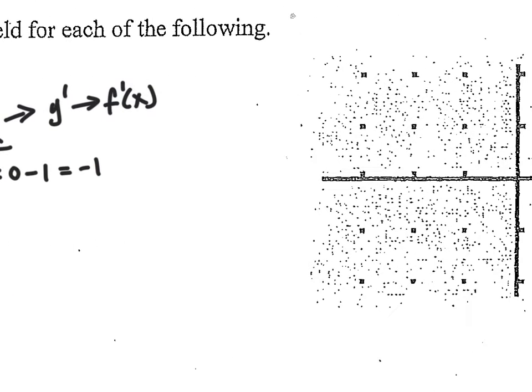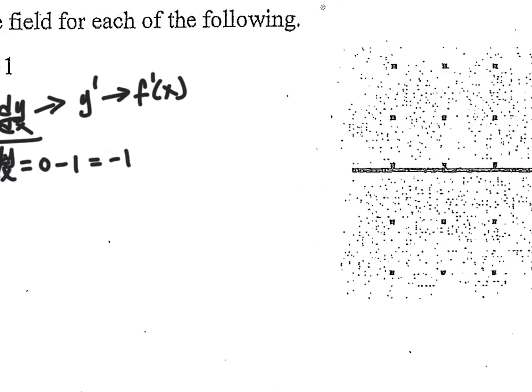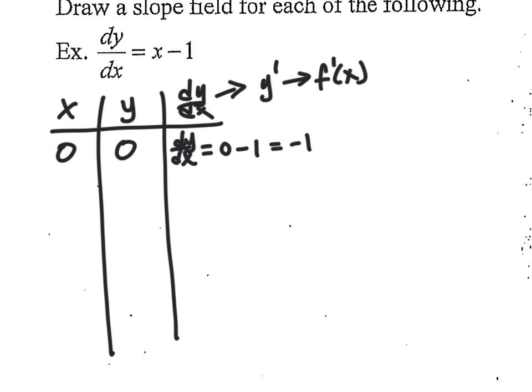So I come over to my slope field and draw a tiny little slope of negative 1 to show that I have a slope of negative 1 at the point (0, 0).